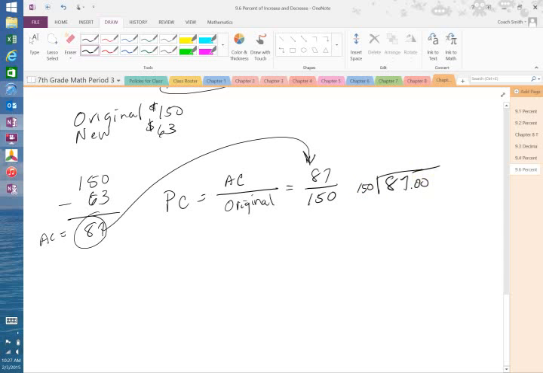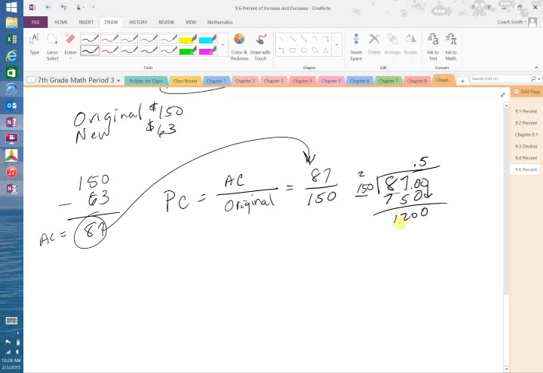Okay, so 87, we're looking at basically 15 into 87 goes about 5 times. So we do the 5. 5 times 0 is 0. 5 times 5 is 25. Carry my 2. That'd be 750. That gives me 120 as my remainder. I bring down my next 0. 150 into 1200.